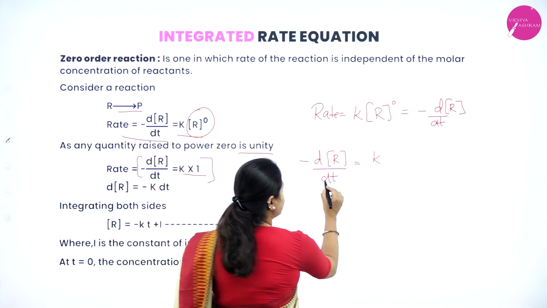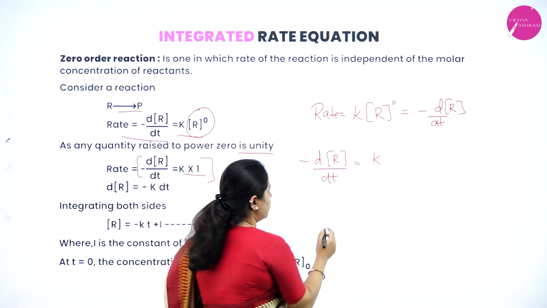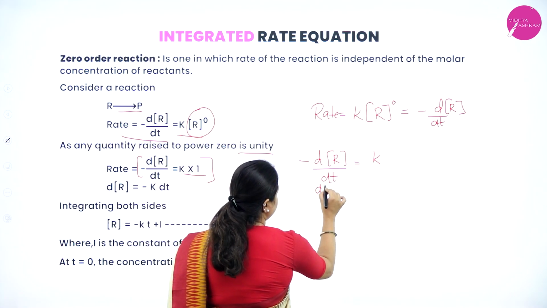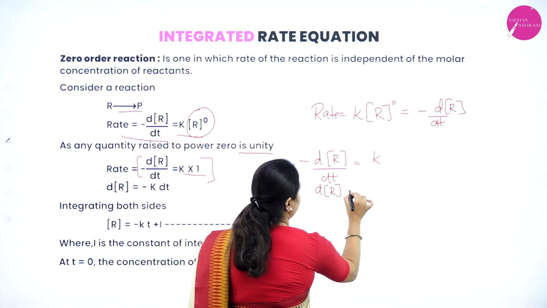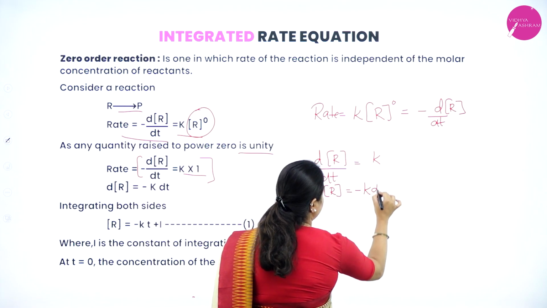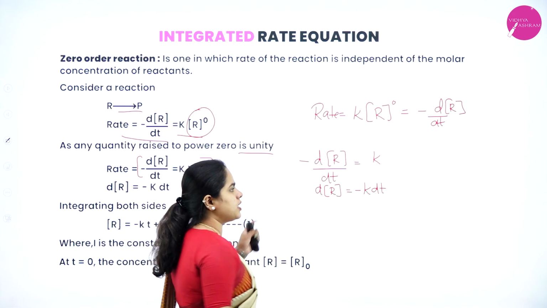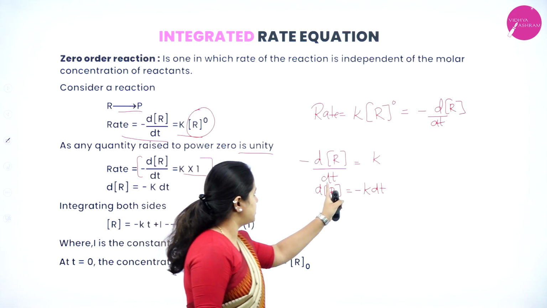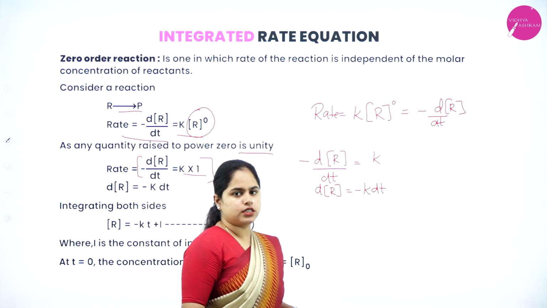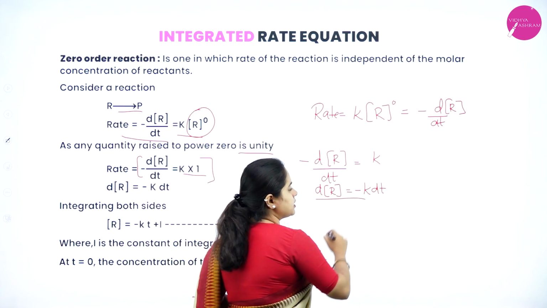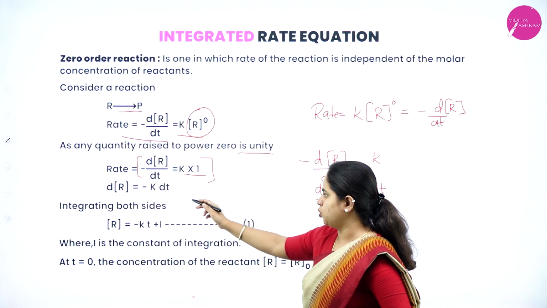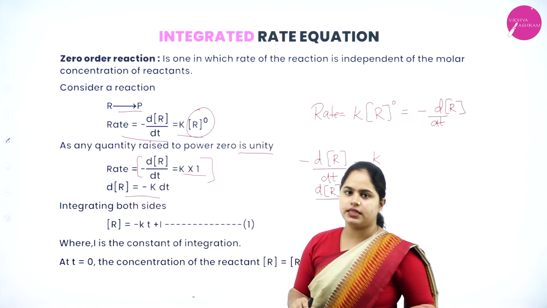I take this dt to the other side, and the negative sign to the other side as well, so the equation becomes dR is equal to minus K dt, which is shown here.